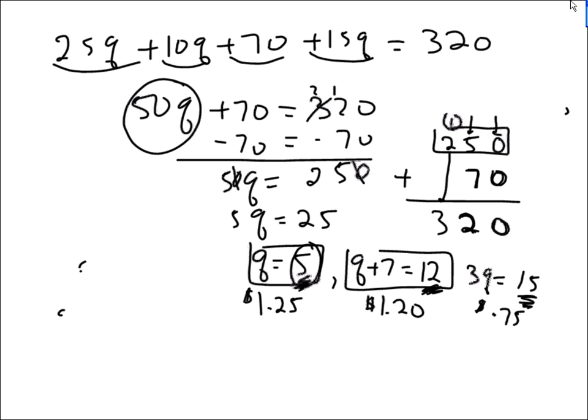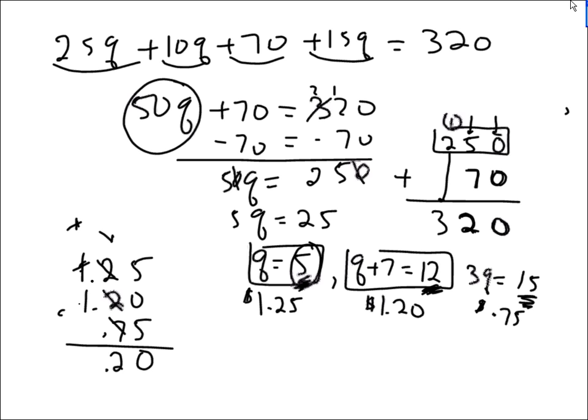And if you add them up, which I'll do right over here, 1.25, 1.20, 0.75. 5, 2, 0 is 7, and 7 is... Carry the 1. 1, 2, 3. Oh my, look at this. $3.20. So it checked. It's rock solid.